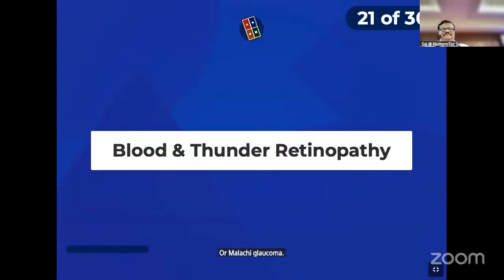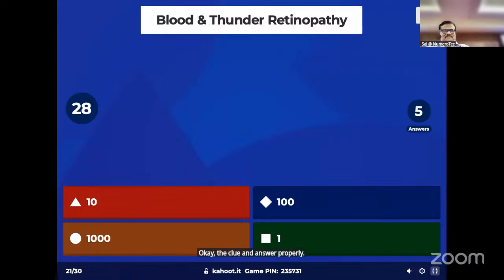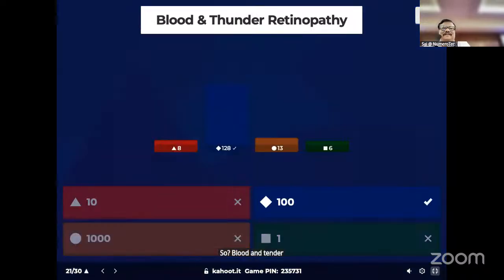Look at the clue and answer properly. Dear sir, are you coming? So, Purtscher retinopathy is nothing but CRVO causing 100-day glaucoma. Oh, fantastic.